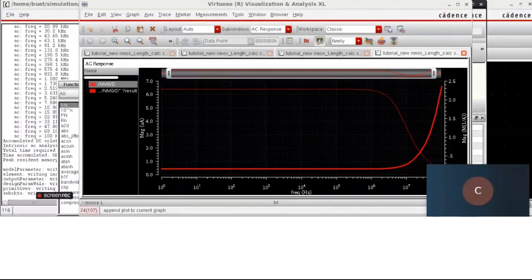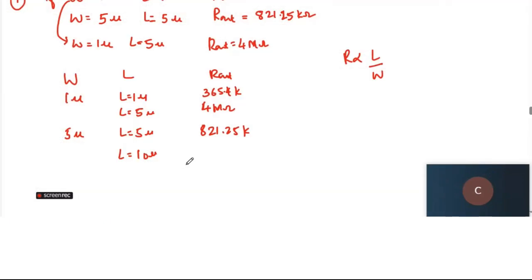So that means here 2.27 mega ohm, right? So look at the things. Now finally we'll keep W as 10 micro and L equal to 10 micro. We'll see this one, and also we'll change L to 20 micro. Obviously here the value will be more.